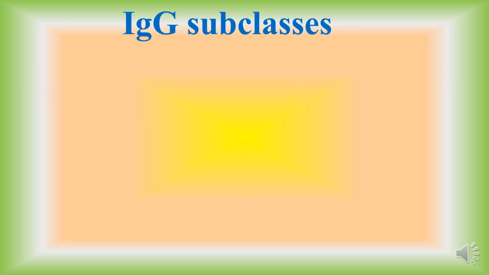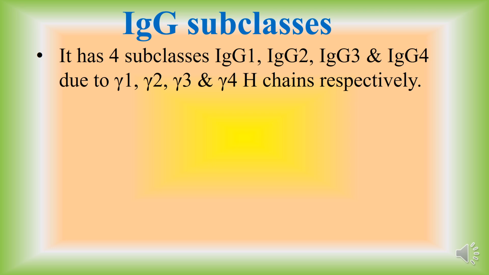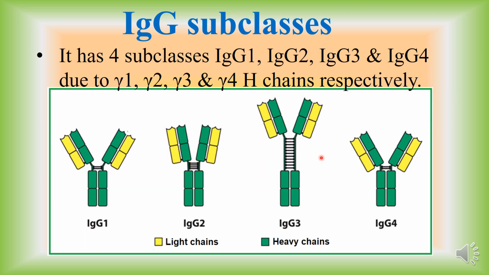Immunoglobulin G subclasses. So immunoglobulin G has four subclasses, namely immunoglobulin G1, G2, G3 and G4 due to gamma 1, gamma 2, gamma 3 and gamma 4 heavy chains respectively. So this is a picture or a diagram of different immunoglobulin G subclasses.